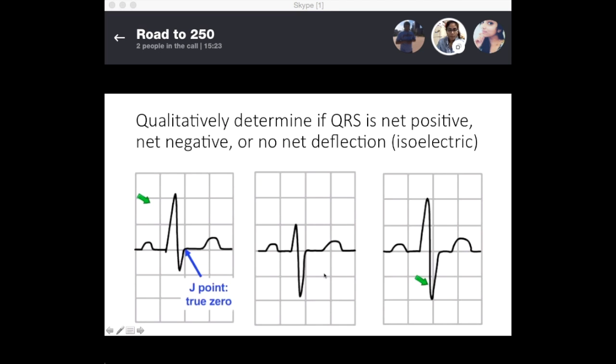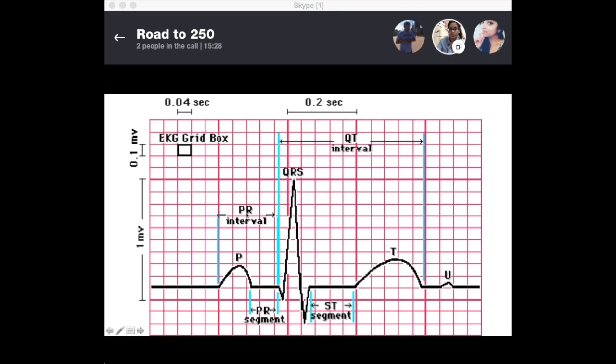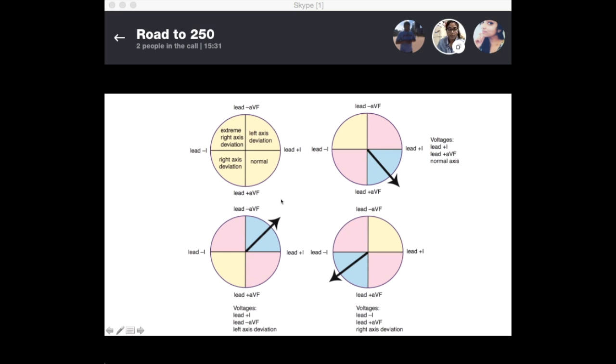Therefore, it falls between 0 and negative 90 quadrant, and that would be considered a left axis deviation. And last, the bottom right box: this ECG tracing is indicating right axis deviation. When you are reading your ECG, lead 1 is going to show a negative deflection and lead AVF a positive deflection. That results within this quadrant, and that would be a right axis deviation.